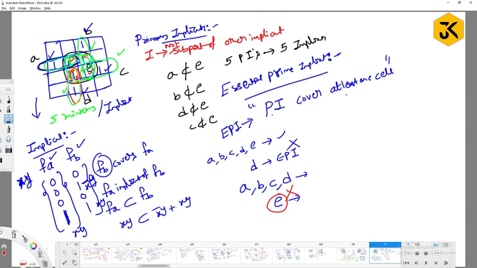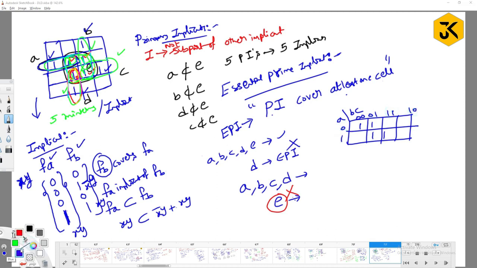Right? So try to think of one more example. 1 1 1 1, right? A B C. If you take 0 0 0 1 1 1 1 0 0 1 0 1, how are we going to combine now?